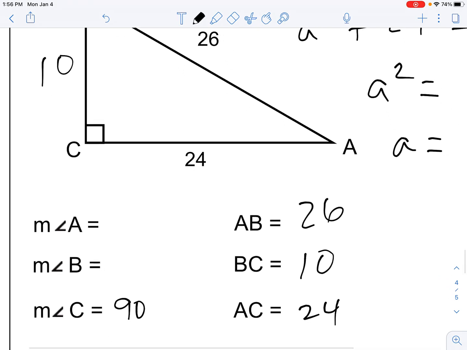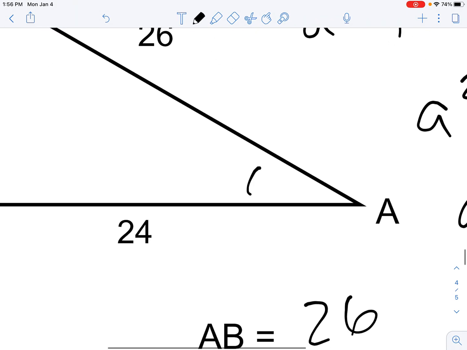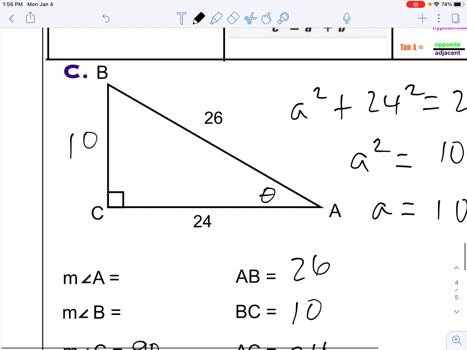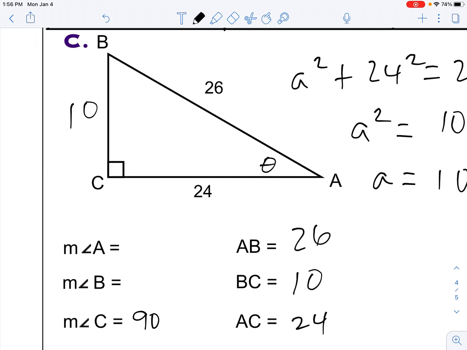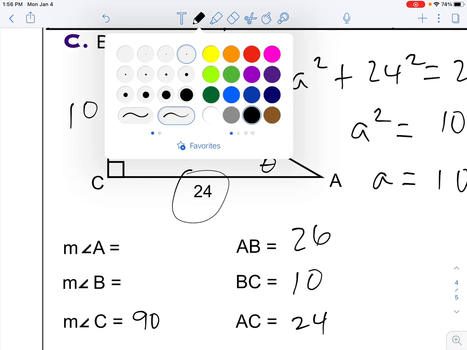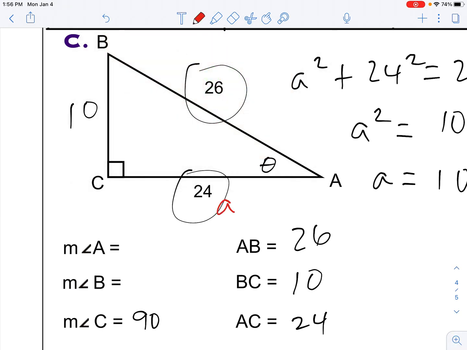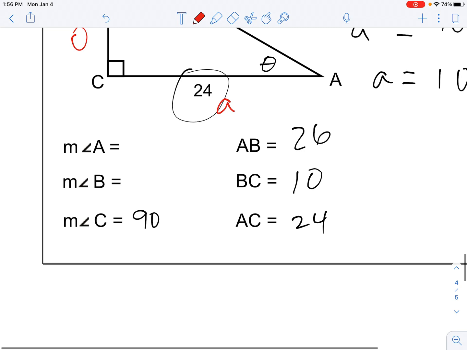And then now we would just pick out an angle to solve for. I'll call this angle A. It doesn't matter which ones you use because you have all three. This is the adjacent side, hypotenuse, and opposite. I'll use the 24 and 26, so that would be the cosine.